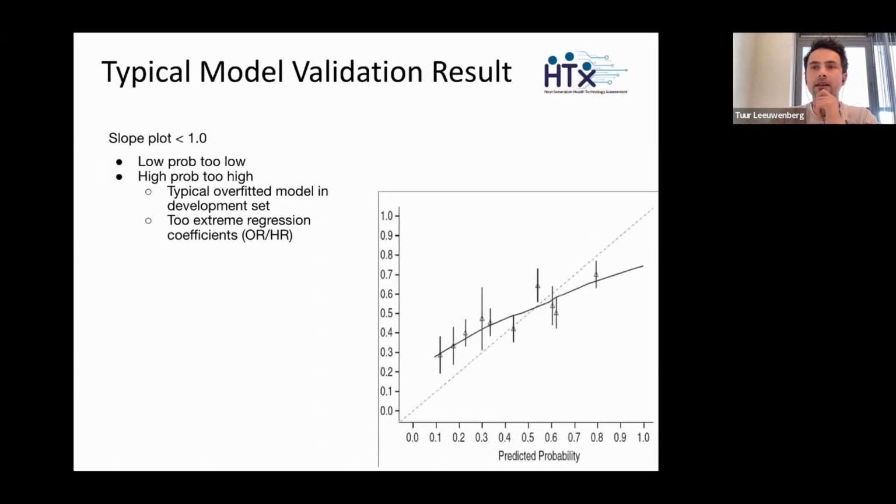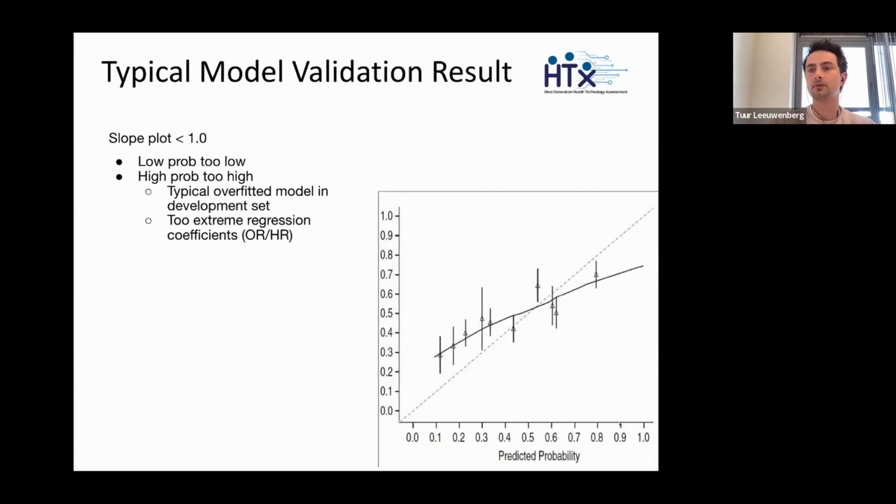Another thing that can happen is that this line is not completely below the diagonal, but somehow tilted. That's called calibration slope. Here, for example, you see that for the low predicted probabilities it is above the diagonal, which means the predicted probabilities are too low: for a predicted probability of 0.2, the observed proportion of the outcome is around 0.3.